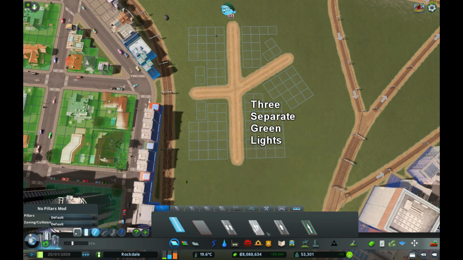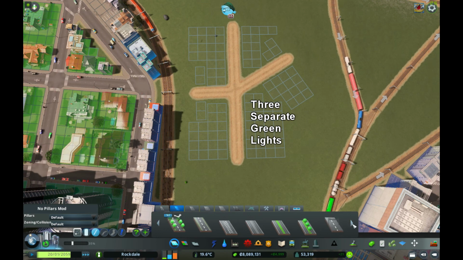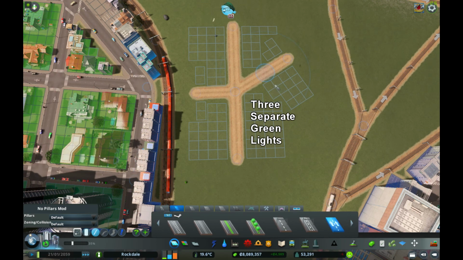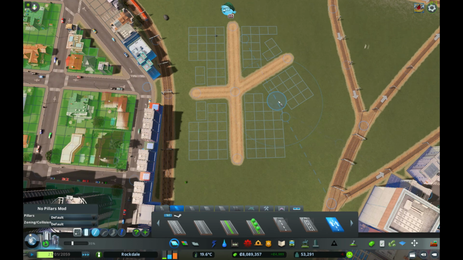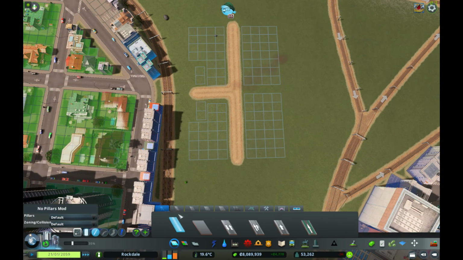Now, change one of those to a one-way. Let's do this. That's a multi-state light too, because that street is disassociated to that street.